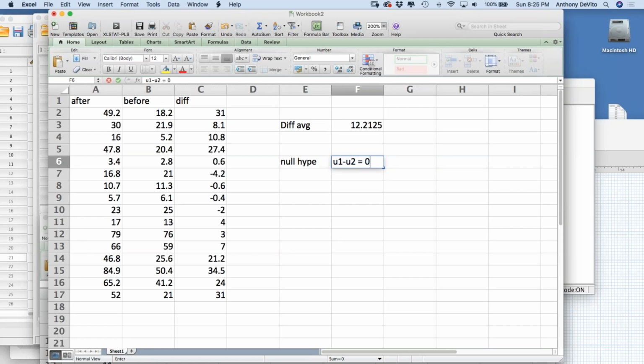So our alternative hypothesis, my mouse came back, is mu1 minus mu2 is not equal to 0. Or I could have just said the difference is equal to 0, difference is not equal to 0. That's our null and alternative hypothesis.